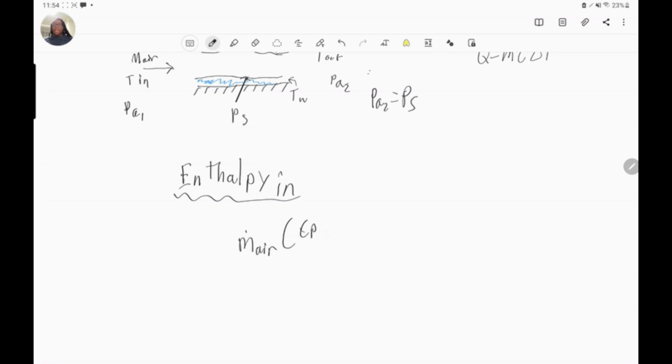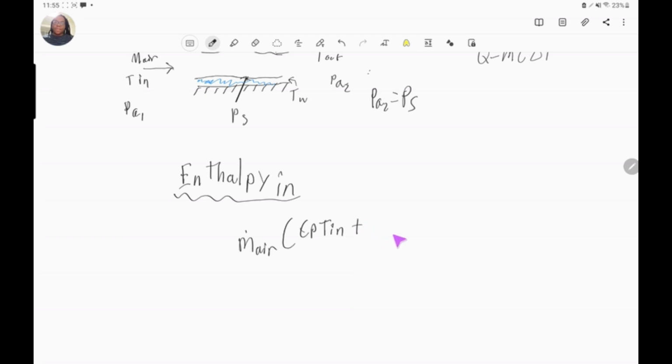This is just for our temperature going in. And so the delta T at the beginning is just going to be the temperature going in. There's going to be no reference temperature, so it's just T in.